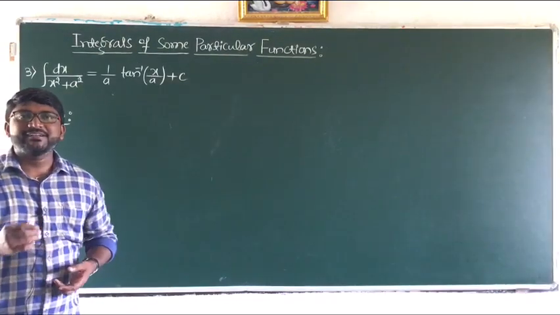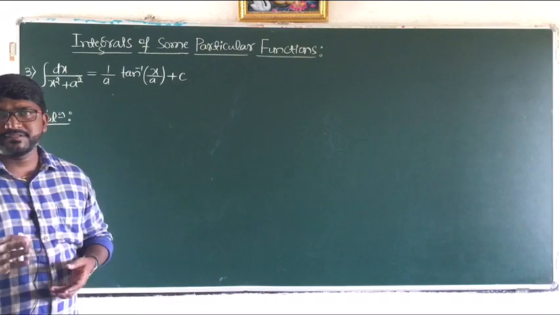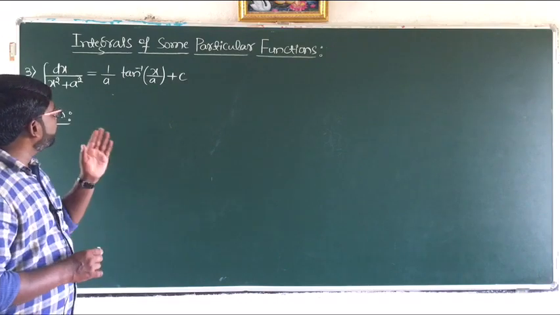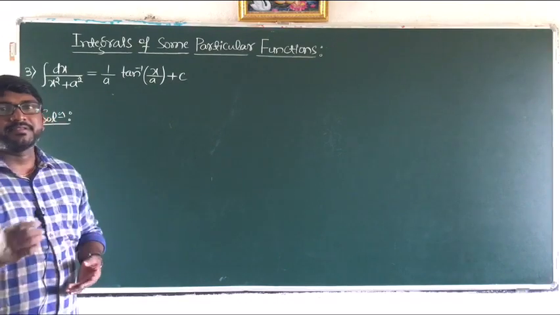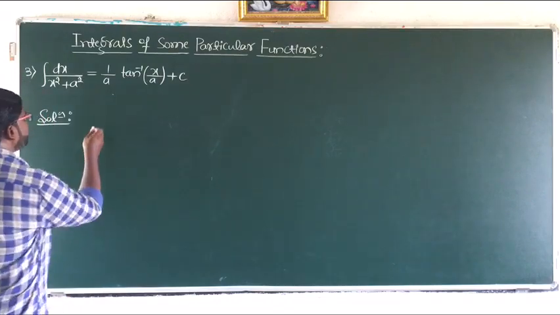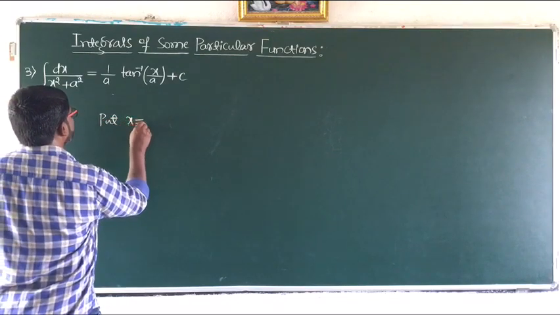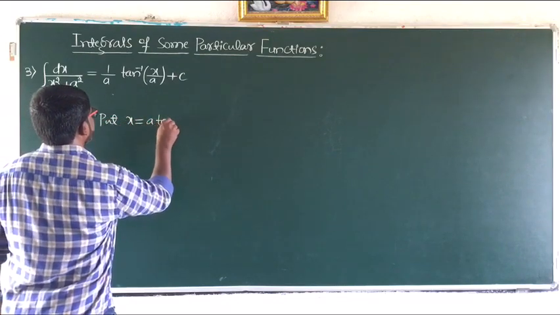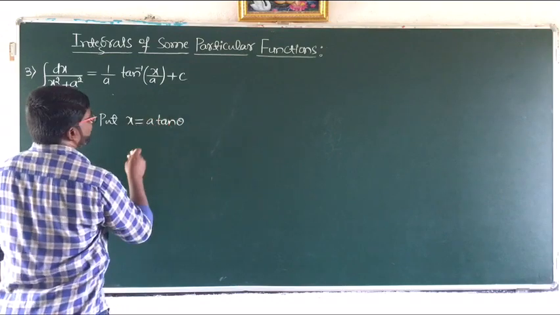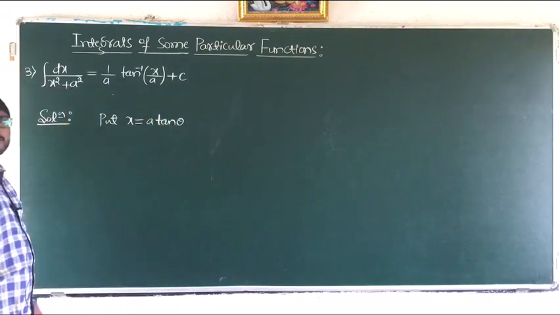The third standard result, it is integral dx by x square plus a square, which is equals to 1 by a tan inverse x by a plus c. So we have to solve this by substitution method. So see here, put x equal to a tan theta. So now both the sides differentiate with respect to theta.